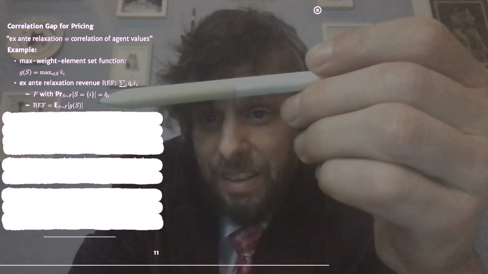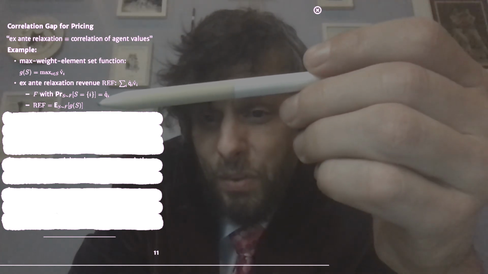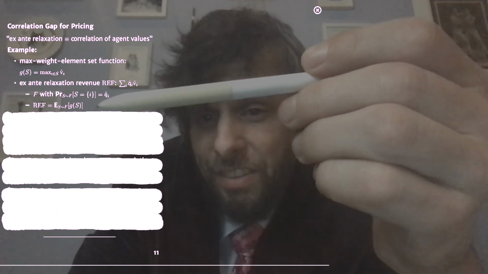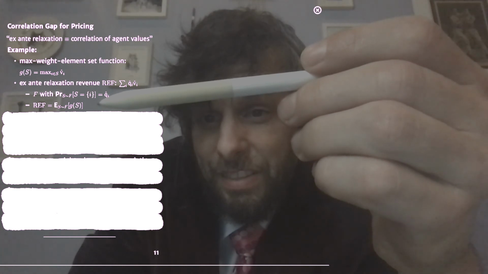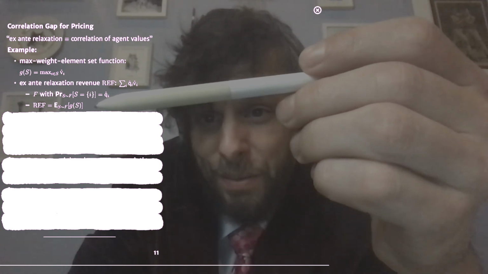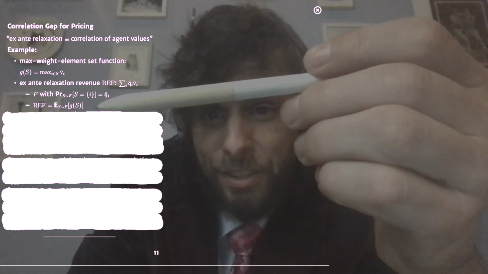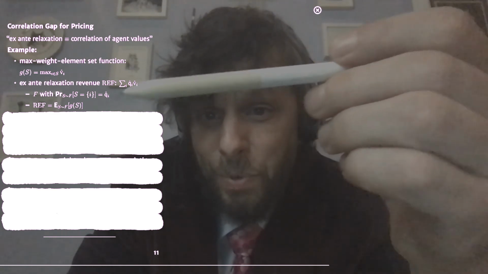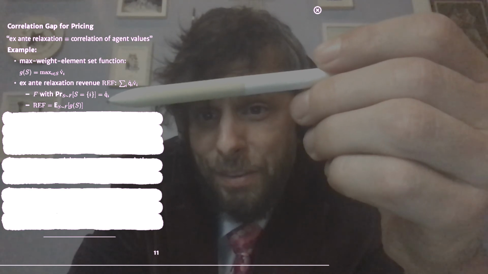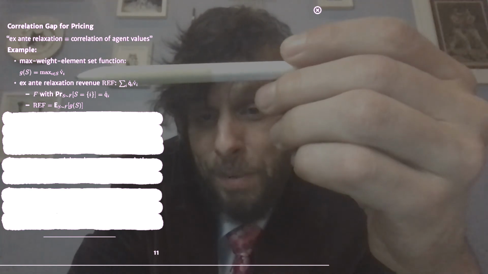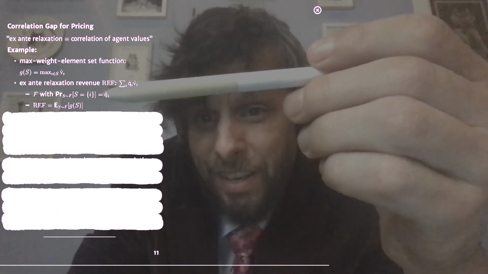Note that the ex-ante revenue can be rewritten as the correlated value of the max weight element set function. When that set shows up, there's only one element, so the maximum element is just that element.